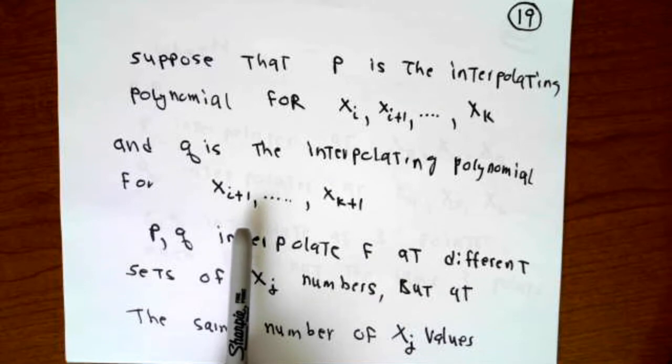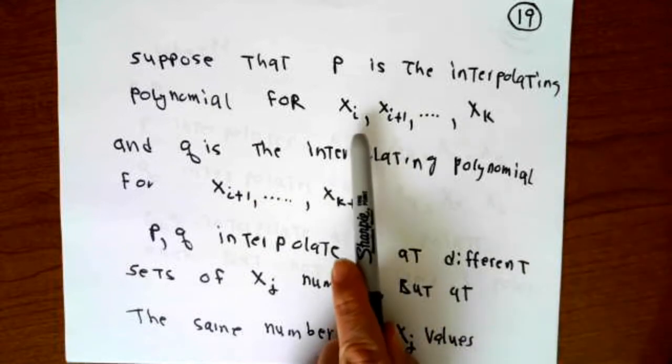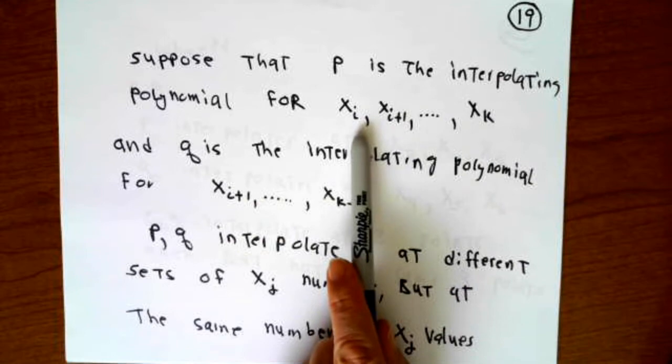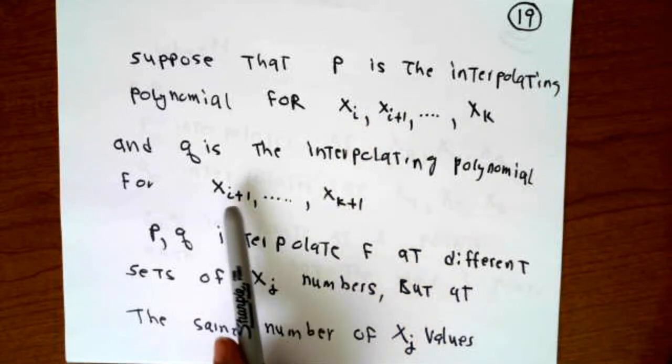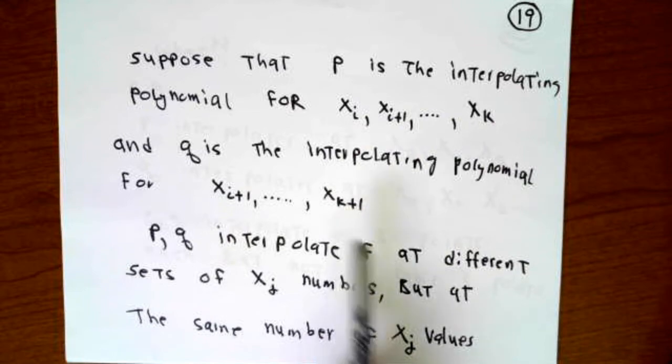These indexes, i plus 1 through k plus 1, are in a one-to-one correspondence with these indexes. If you add 1 to i, you get i plus 1. If you add 1 to k, you get k plus 1.